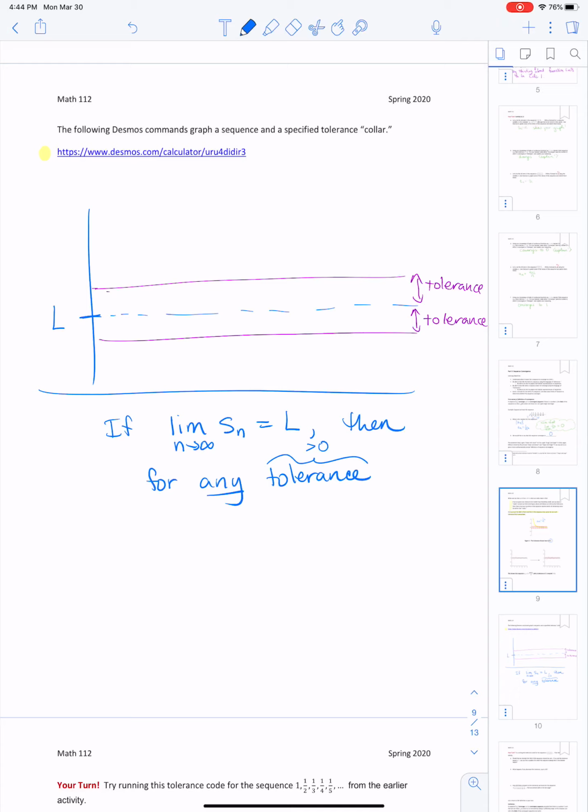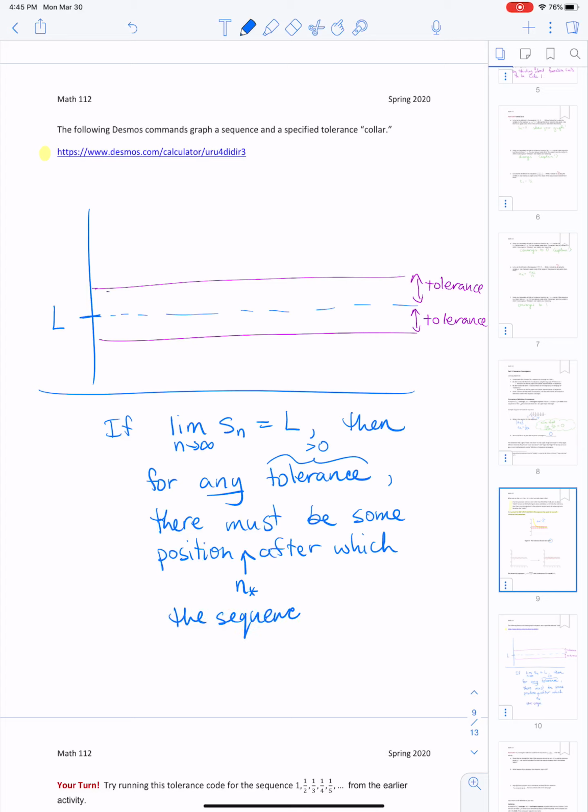So for any tolerance greater than 0, then there must be some position after which, and so here I'm going to call my position n star, after which the sequence lies entirely within the collar.